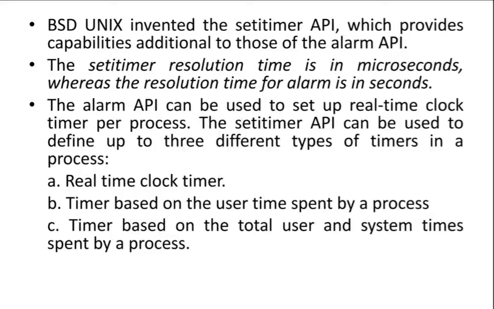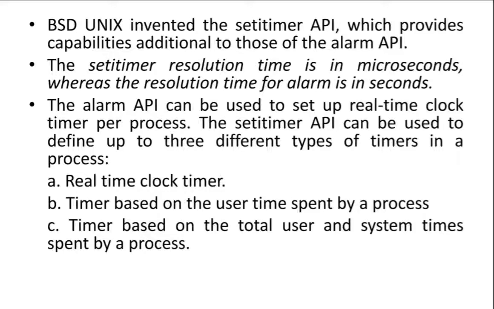So if you want to set the time in microseconds, you can use setitimer. Also, the alarm API can be used to set up a real-time clock timer per process, but the setitimer API can be used to define up to 3 different types of timers in a process.